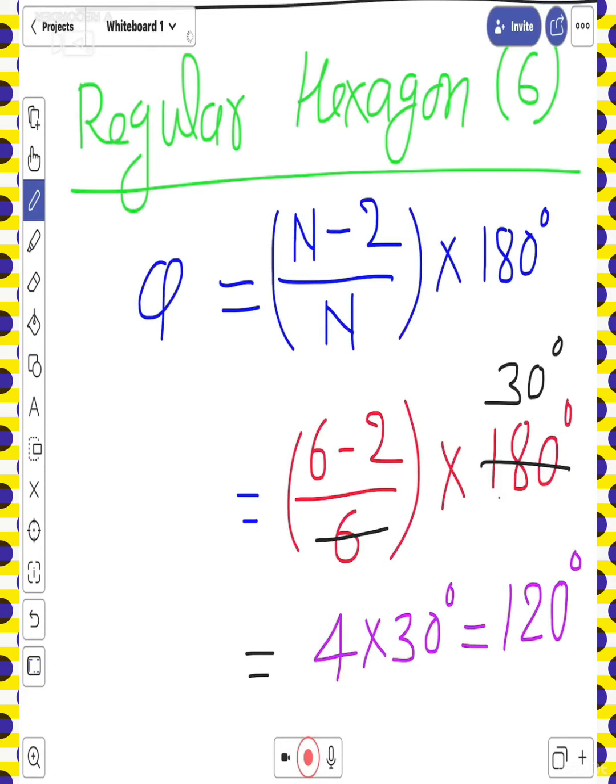This is each angle of a regular hexagon. So you can find each angle of any regular polygon using this formula, that is (n minus 2) divided by n into 180 degrees.